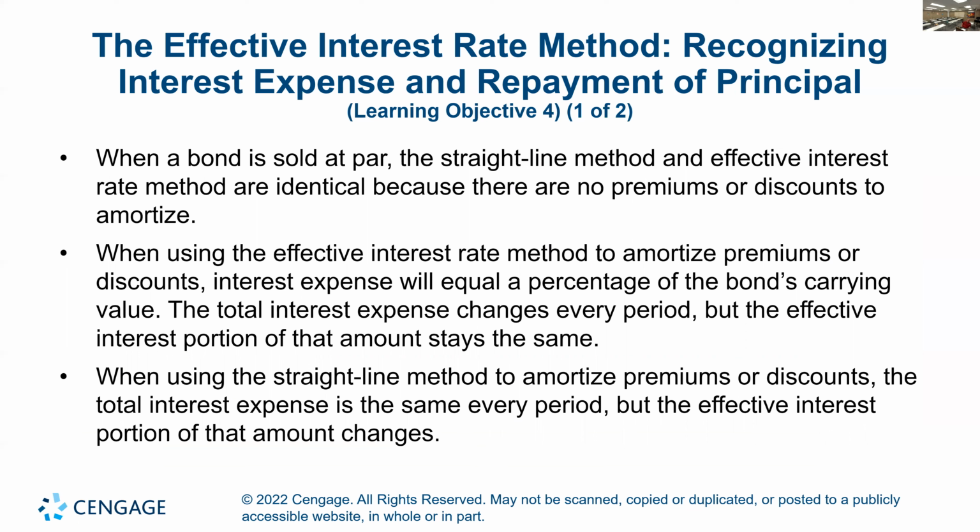So it's going to create a higher interest expense at the beginning, or say a higher amortization. So whether it's a discount or a premium, whatever is amortized off is going to be heavier at the beginning. And then as it gets closer to the end, the amount that is actually taken out of the amortization process becomes smaller and smaller, but it still all gets wiped out.